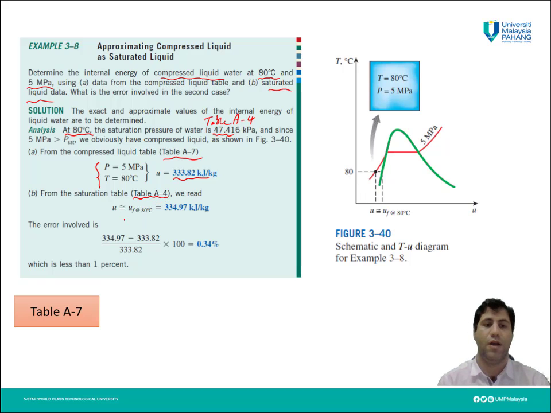If we go to table A4, the saturation, according to what I told you in the previous slide, we need to find the energy for saturated liquid at that temperature. Temperature here is 80 degrees Celsius. So if we go to table A4, for this temperature, Uf is 334.97.